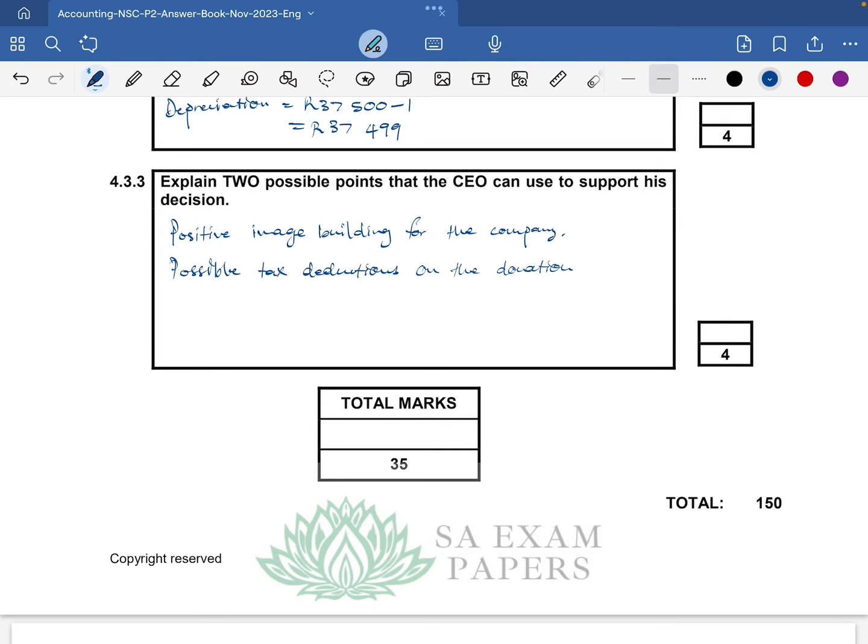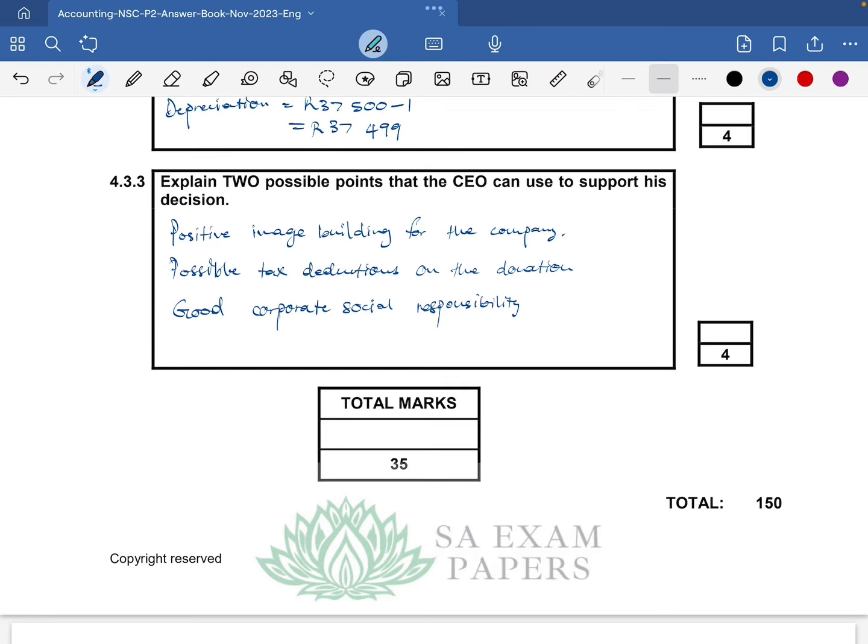And then lastly, this is, let's say, good corporate social responsibility. Okay, so that's good corporate social responsibility.